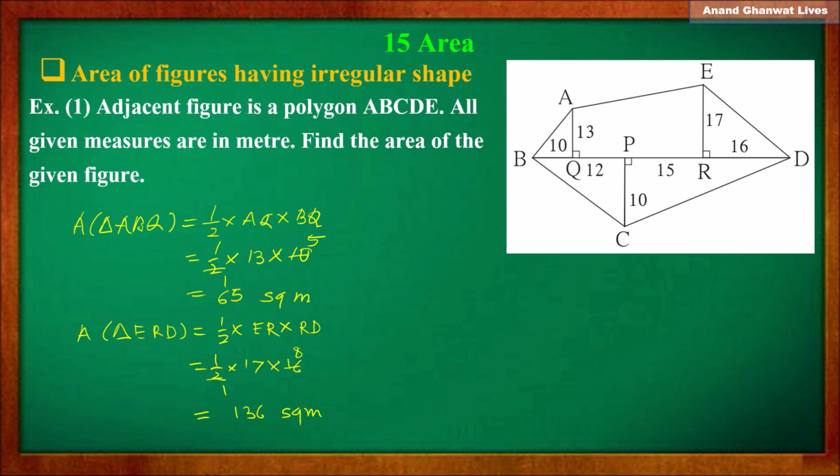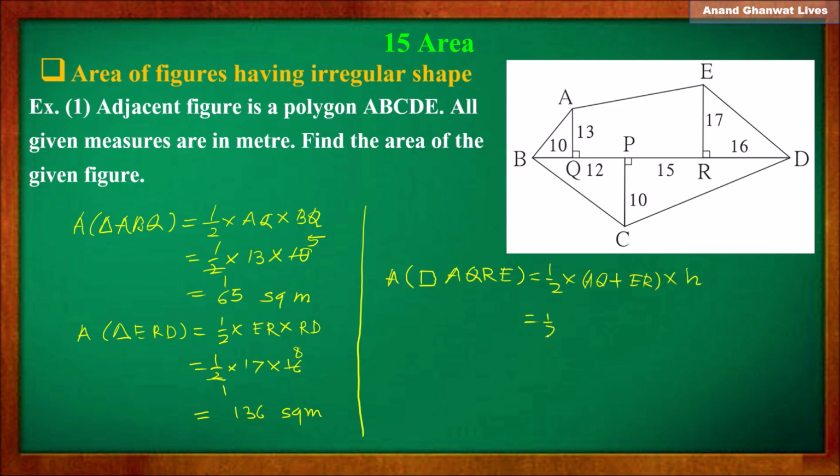Okay. Now area of trapezium. Next we have to find the area of trapezium AQRE. It is a trapezium with parallel sides AQ and ER. So what is the formula for the area of trapezium? 1/2 into sum of the parallel sides, that is AQ plus ER, and into height.